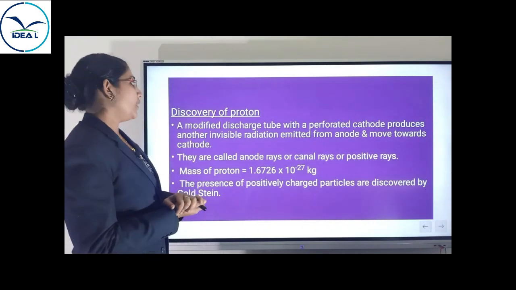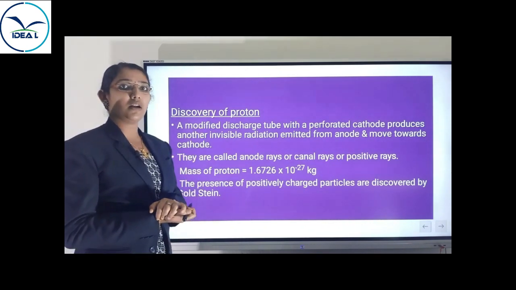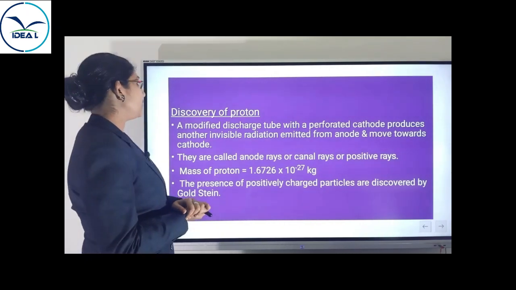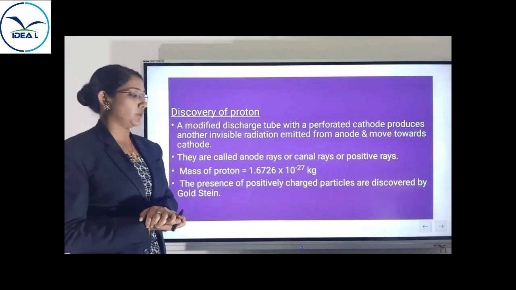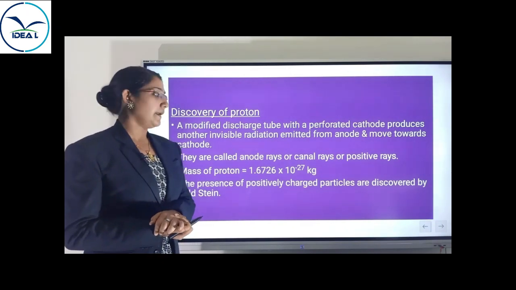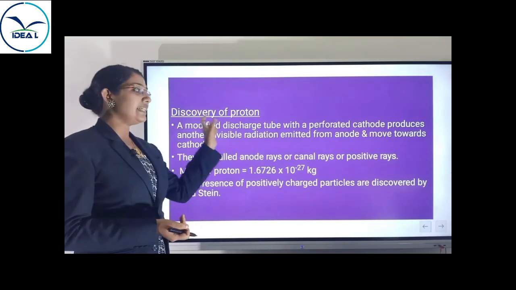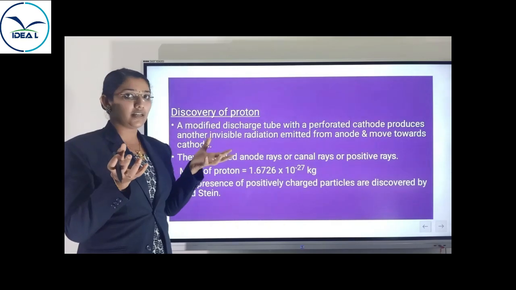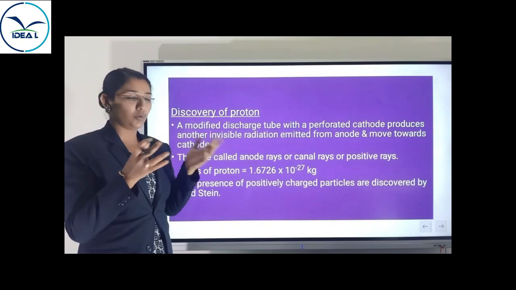Then what is the next subatomic particle of atom? Yes, proton. So we are going to study the discovery of proton. Here also a discharge tube experiment is conducted, but with a modified discharge tube. In the case of cathode rays, simply a discharge tube, a glass tube sealed on both ends, is taken.